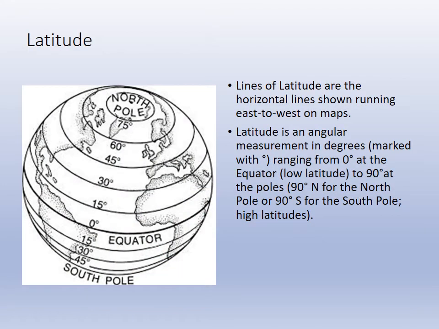Latitudes measure the angular distance from the equator, which is the 0. The important lines of latitude are the equator, 0, the tropics, the Arctic and Antarctic Circles, and the poles. The poles are 90.